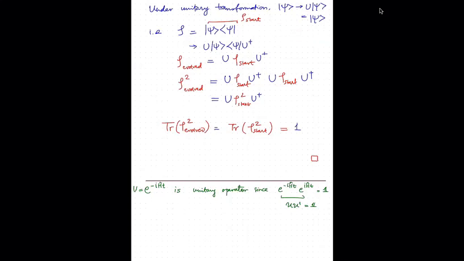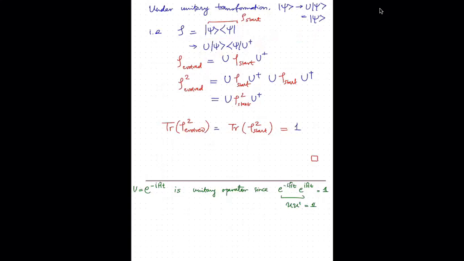So psi, which was given by this, will now become U psi, and the outer product with this thing is given by this, where this is U dagger, because when you go from a ket to a bra, there's a transpose conjugate involved. So a_ij has to be taken like this, and then you have to take the complex conjugate of that. So this is what we get.